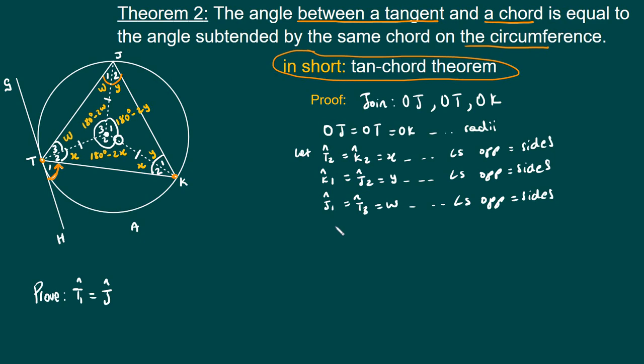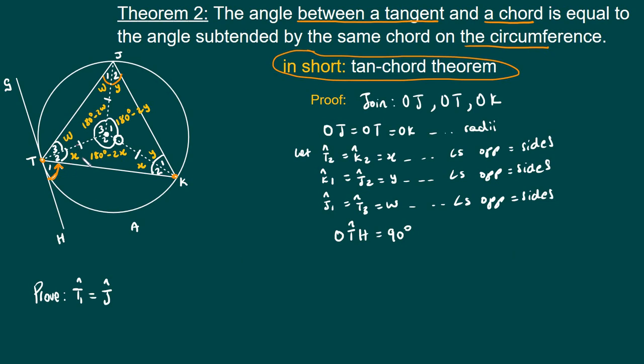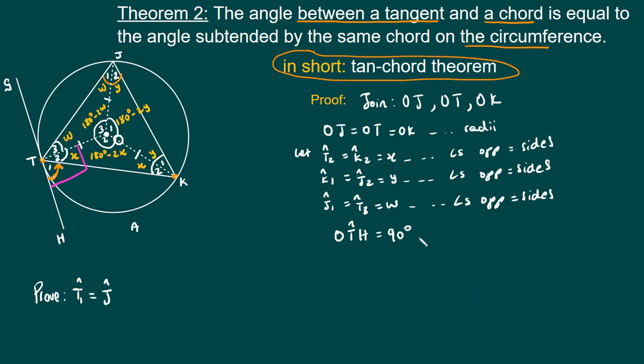So we are going to say, we know that OTH should be 90 degrees. I'm going to put it in a nice color to remind us that here it's 90 degrees. And what is your reason? Your reason would be tan perpendicular to rad.